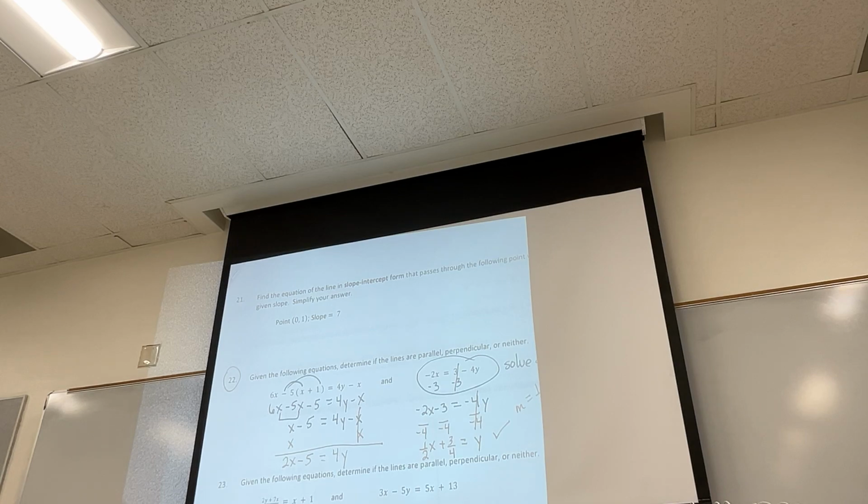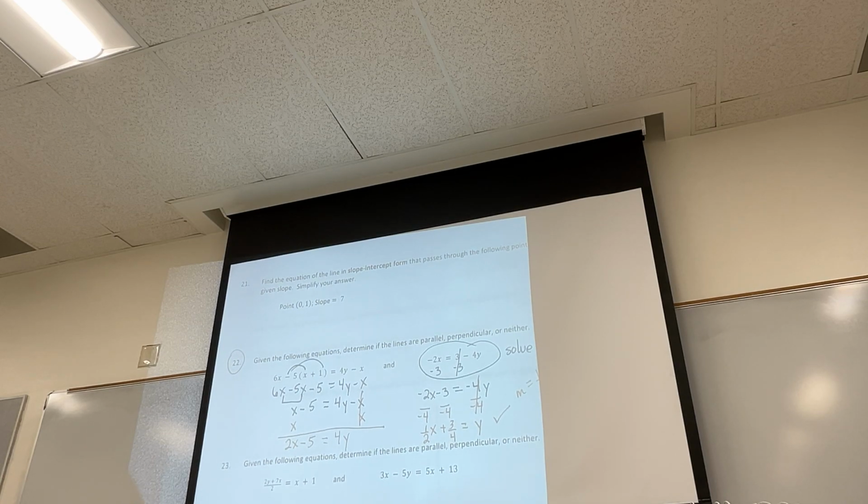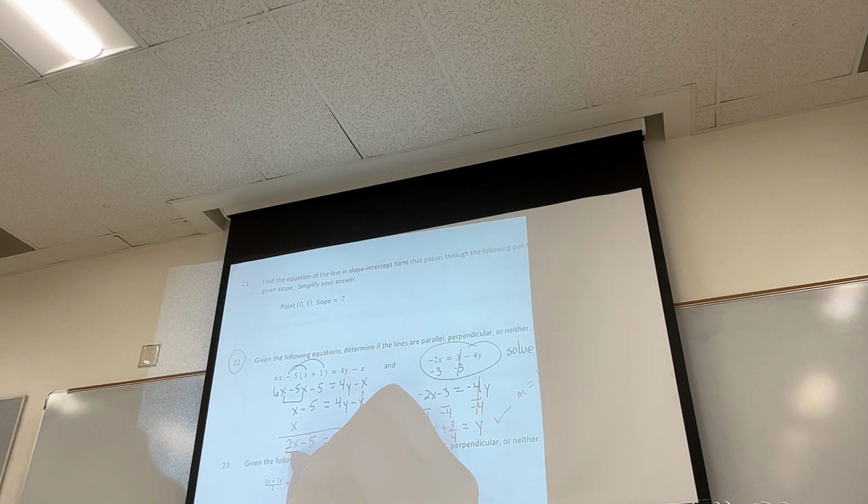We're going to divide everything by what? 4. When I say everything, I mean every term. So we end up with 2/4 reduces to what? 1/2 x minus 5/4 equals y.